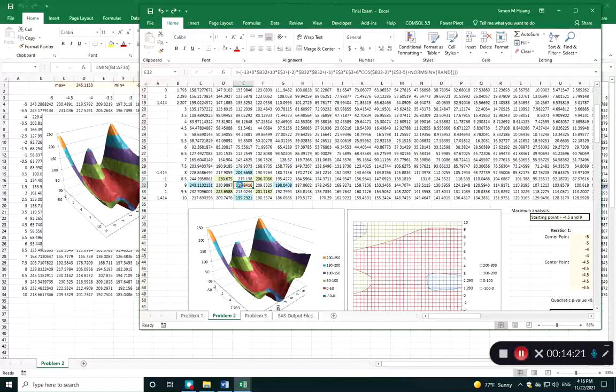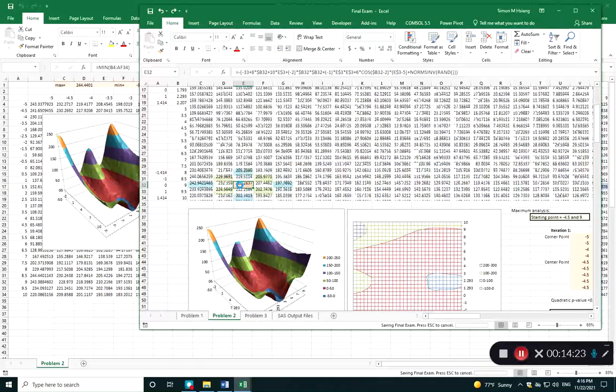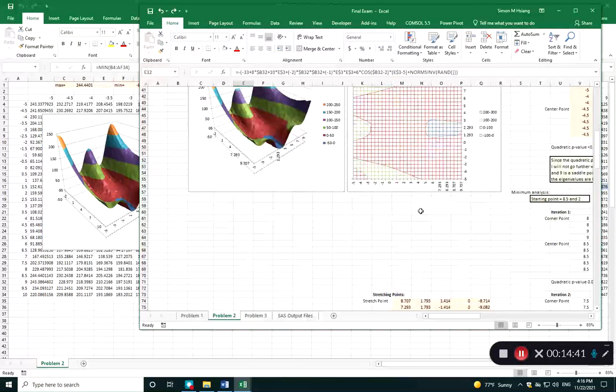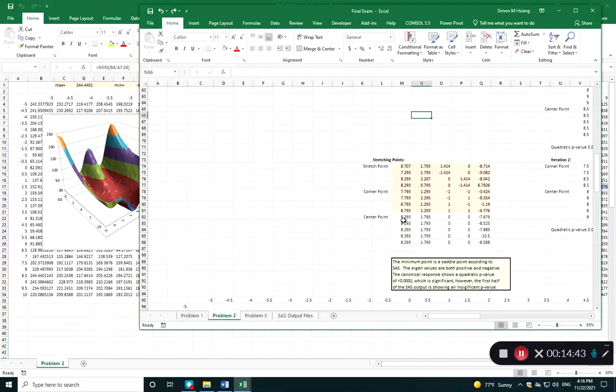Just use Control S to find the center point. But once you have that done, you don't need to find a stretching point until you reach a local optimum or a local minimum. So when you reach the local optimum, local minimum, you need to find a record and say that, I need some stretching point. And here is the 4 corner of the stretching point. You guys follow me?